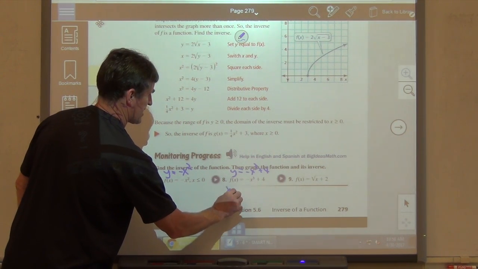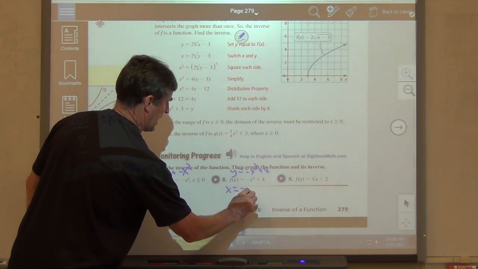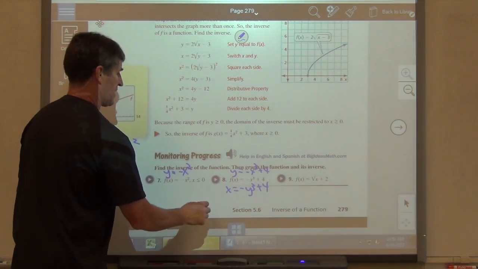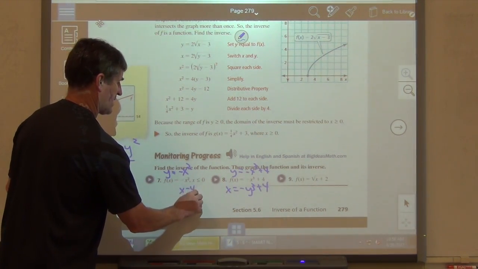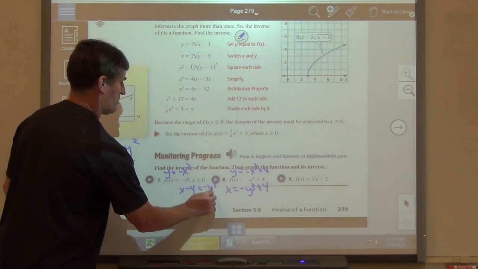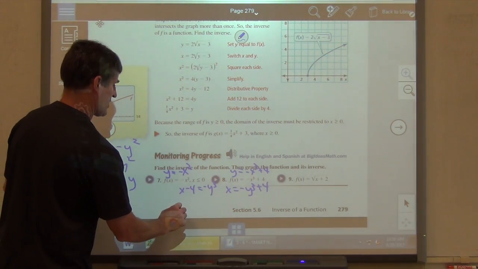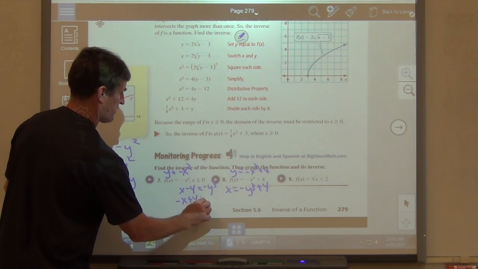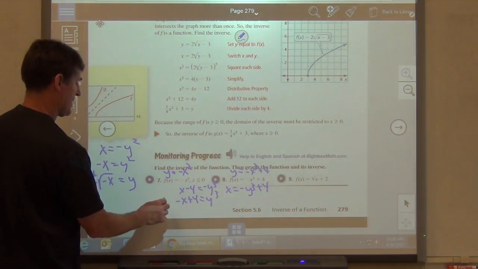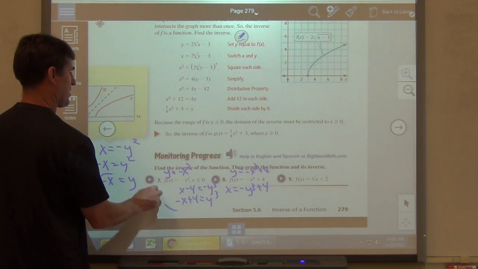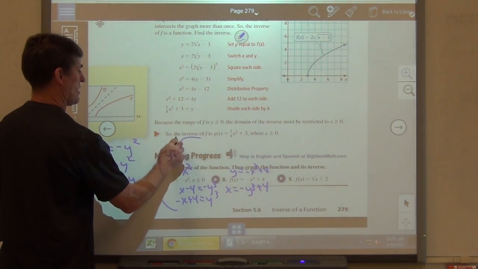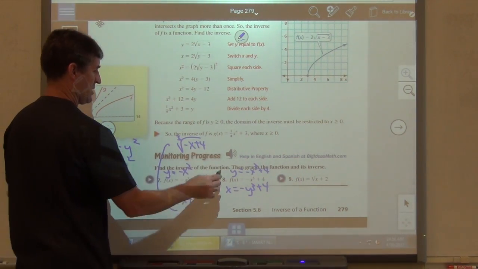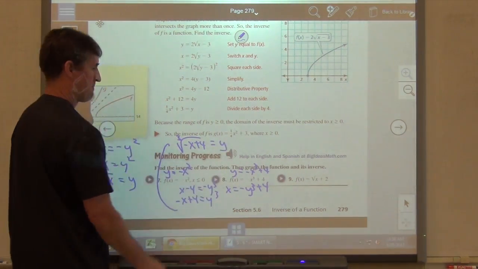So we get x equals negative y cubed plus 4. Subtract the 4. X minus 4 equals negative y cubed. Multiply or divide everything by negative, so negative x plus 4 equals y cubed, and then take the cube root of everything. Cube root of negative x plus 4 is equal to y.